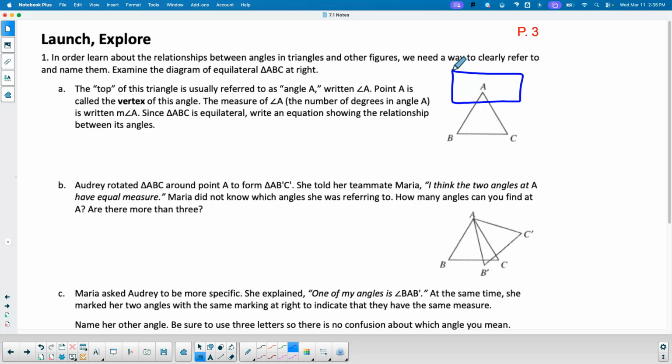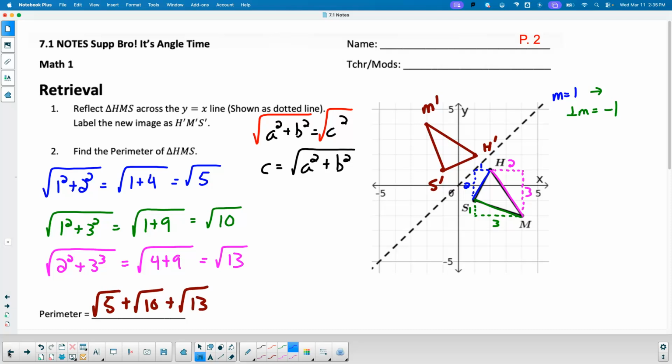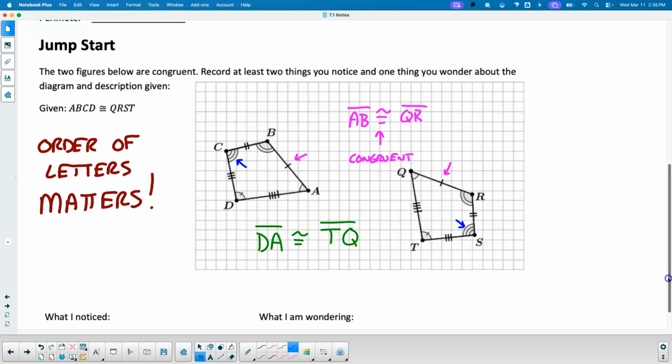Why did we use A and Q twice in the last problem? Because we have TQ equals DA, then AB equals QR. Because they're two different sides. Why wouldn't we use ST then? So side ST would be congruent to what side?